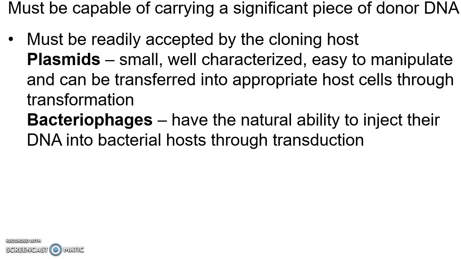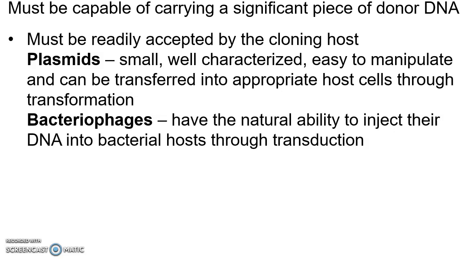Effective cloning vectors have to have certain characteristics. They need to have the ability to carry a piece of donor DNA. That is called being competent. And they must be readily accepted by the bacterial cell or yeast that is the cloning host.